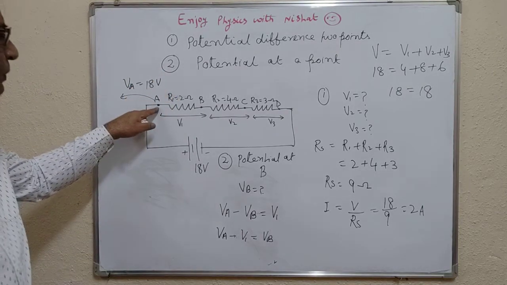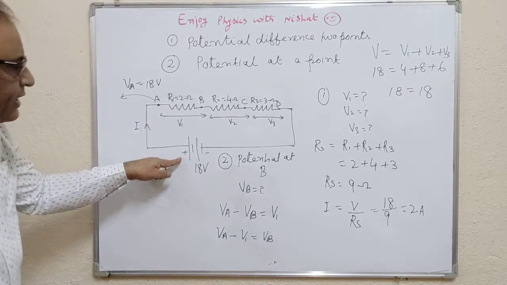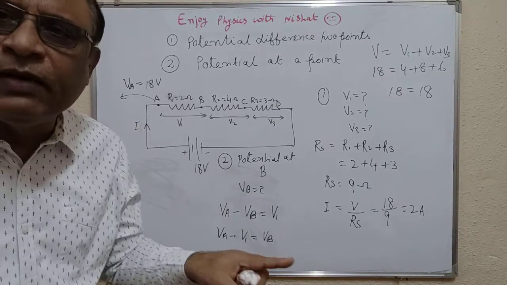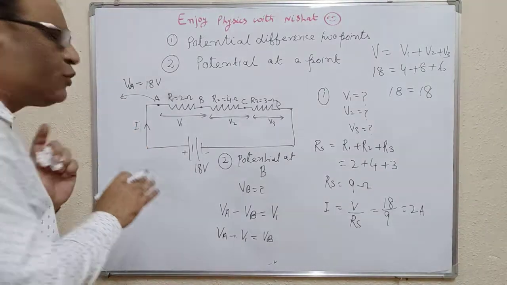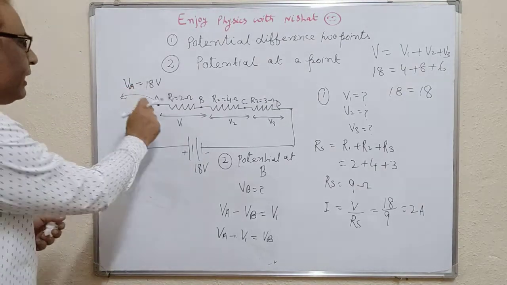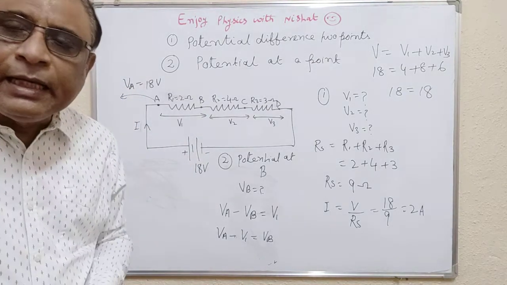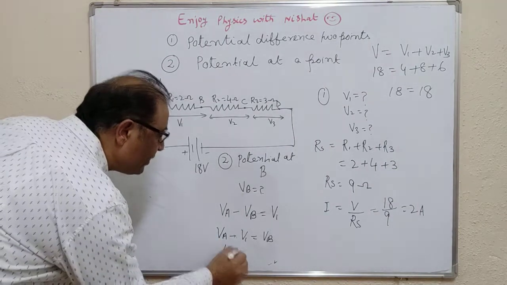Why is VA 18 volt? Because there is no drop; it is the connecting wire from the positive of the cell to A, and in the connecting wire the resistance is least, so potential drop is negligible. So we can say that at A, potential is 18 volt. So here 18, and drop is how much?